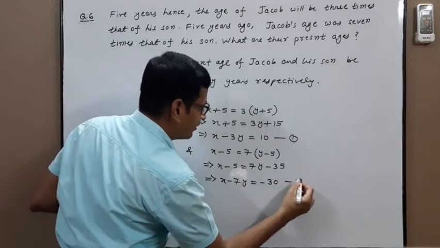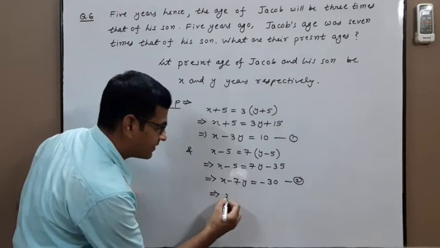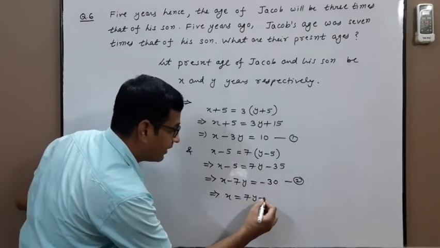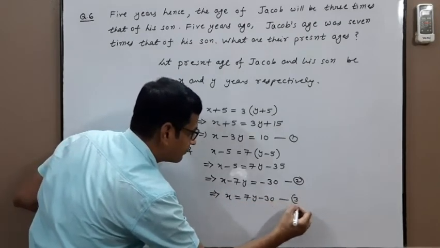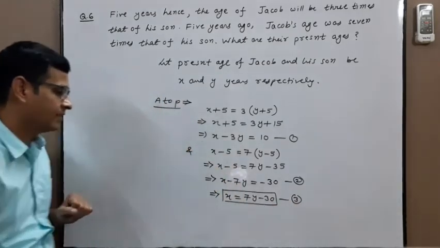Give equation number 2. Now find value of x from this equation. x equal to 7y minus 30. Give equation number 3. Substitute value of x in equation number 1.